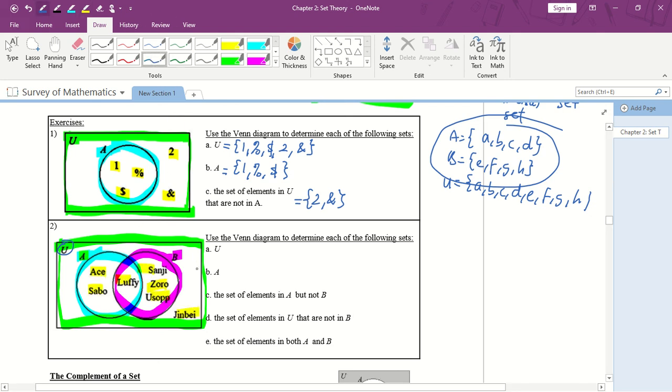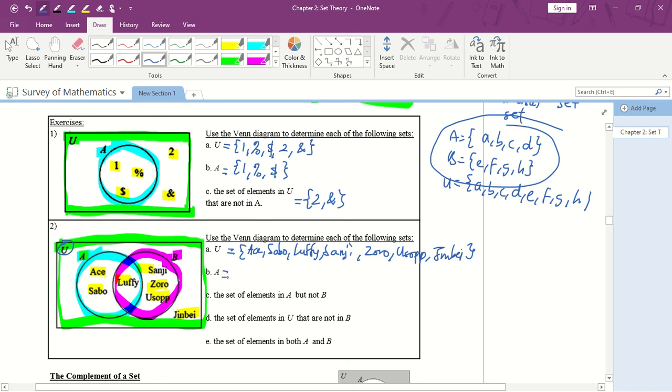And the question asks, what are the elements in the set U, the universal set? So we know that it is all of these characters: Ace, Sabo, Luffy, Sanji, Zoro, Usopp, and Jinbei. So we have all elements: 1, 2, 3, 4, 5, 6, 7.